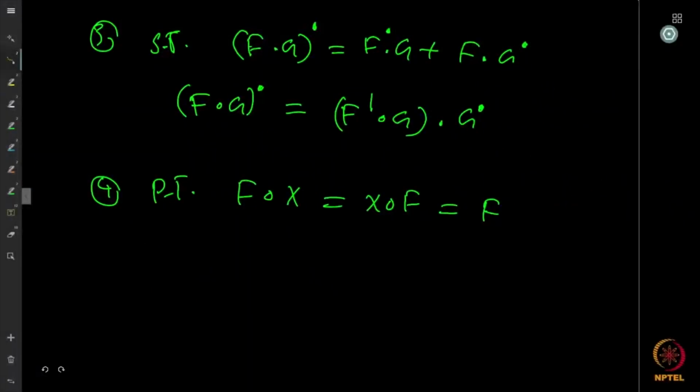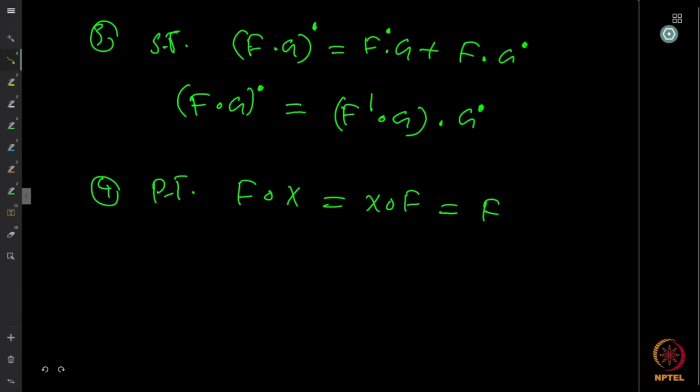A third question is to show that the pointed species of the product of F and G, F times G pointed, is the product of the pointed species F dot times G plus F times G dot.